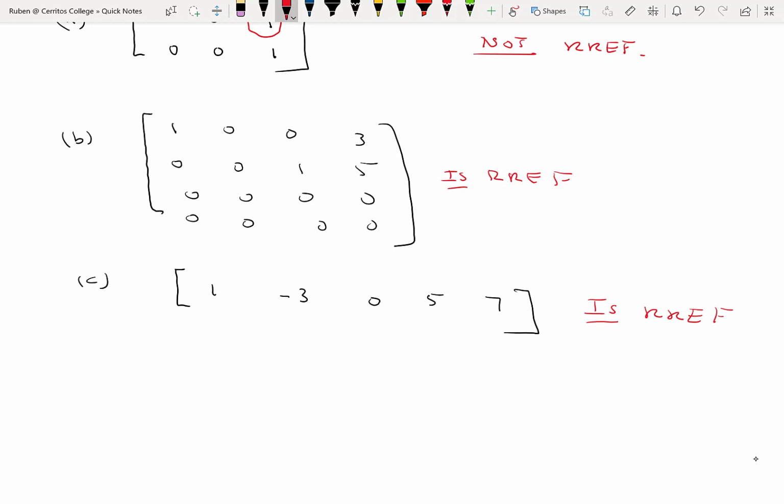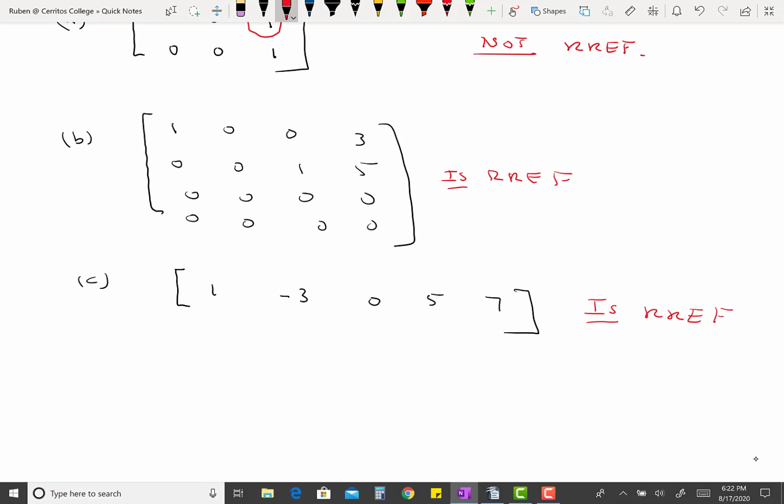It is to write the augmented matrix and use the elementary row operations to produce the RREF. So you might think then, does RREF always exist? Yes, RREF always exists, no matter what. So we can always use the Gauss-Jordan elimination method. Let's do an example.